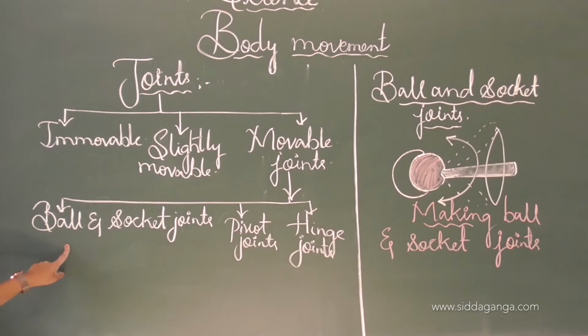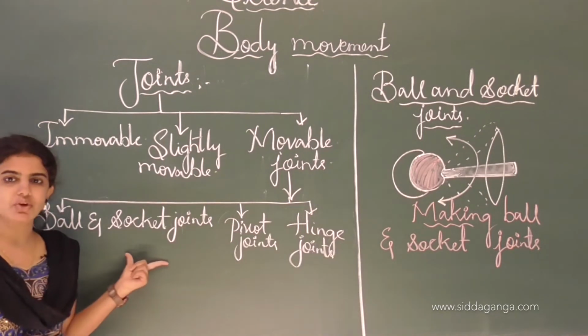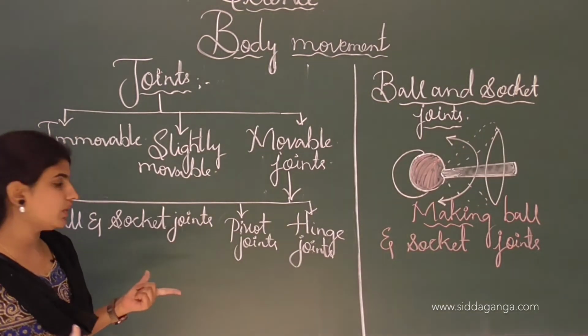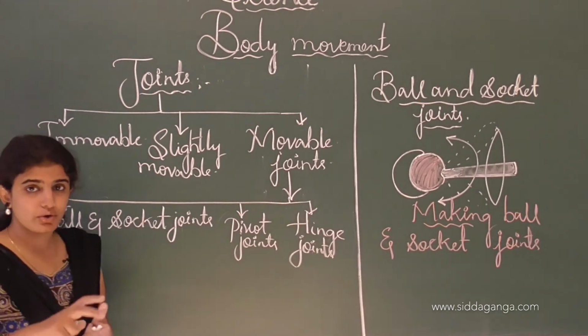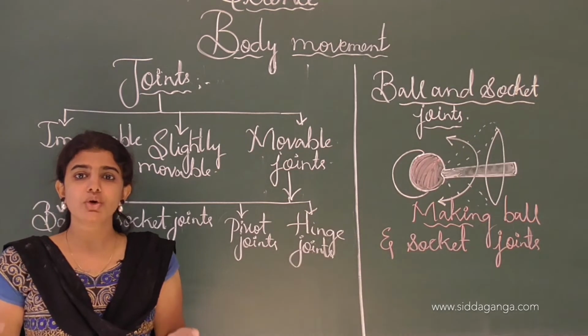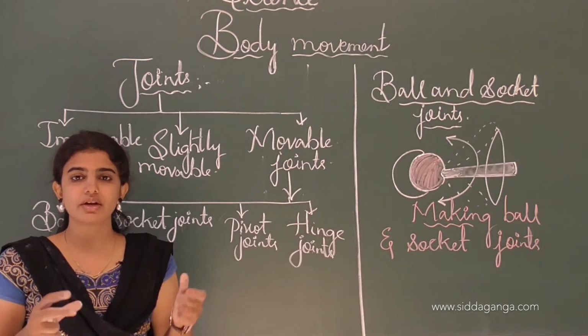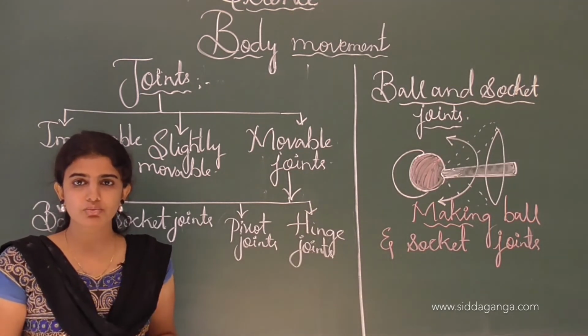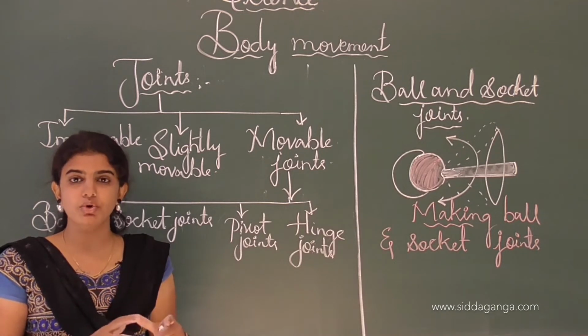Ball and socket joints. Here in the ball and socket joint, one bone has a round-shaped structure, and another bone is elongated to form a hollow socket, in which the round bone is fixed.